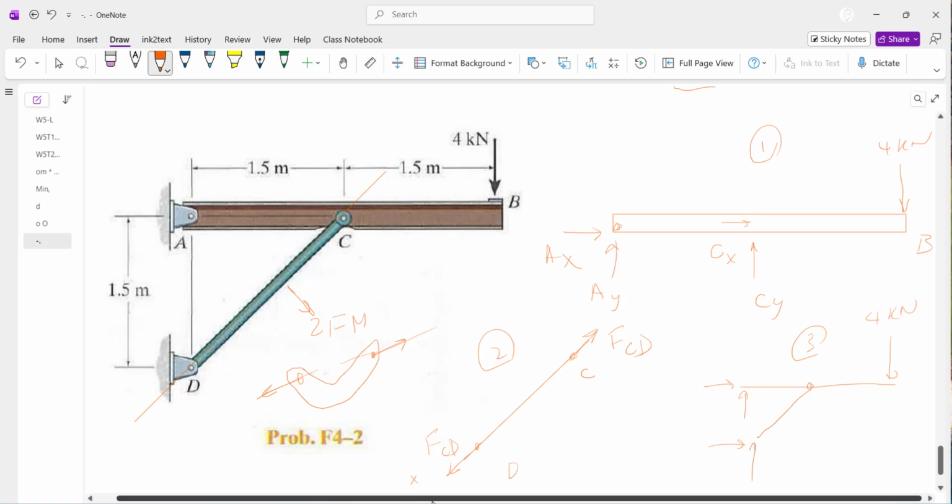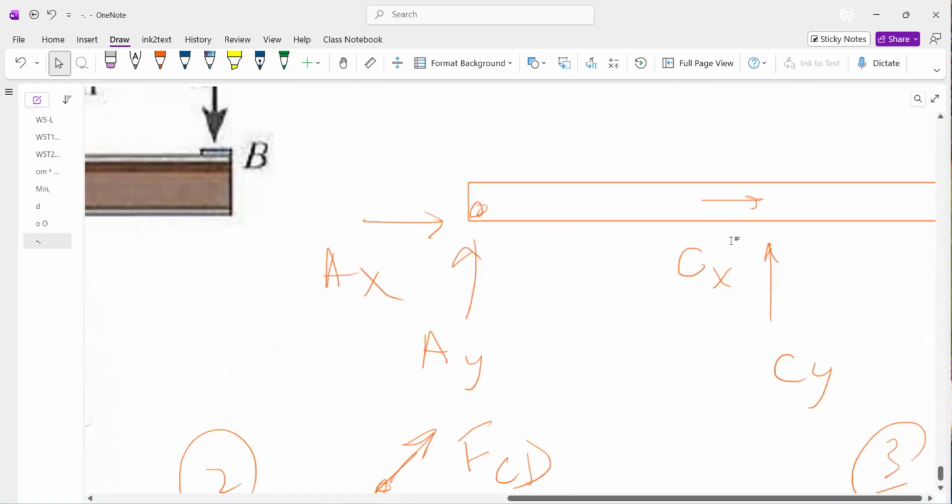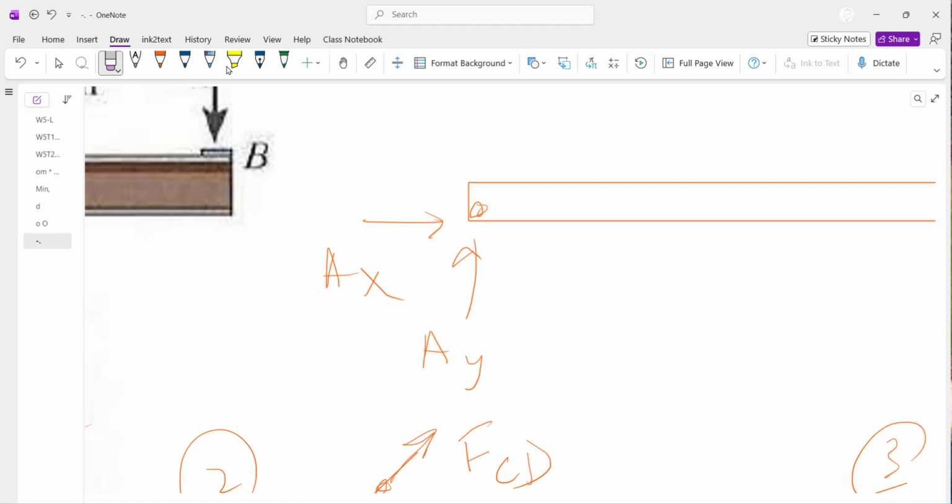But this free body diagram, again, because this doesn't have any input, I can transfer this internal force here, but instead of putting Cx, Cy, this time I only include the external force in the direction of that FCD.